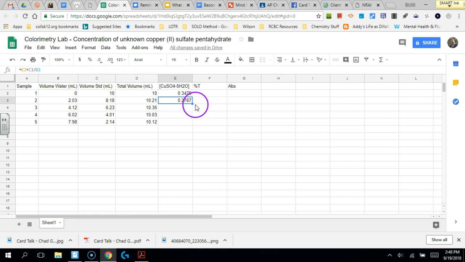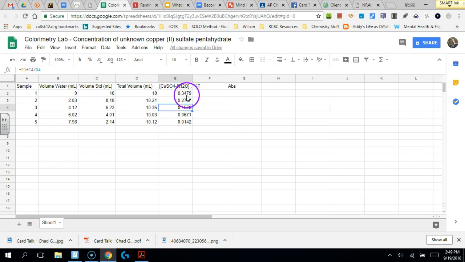Okay. Now just like I did over here, I'm going to drag this down. Now, I can't just drag it down like that, because if I look at the formula, it not only changes these two to C4 and D4, but it also changes this to E3, this one.